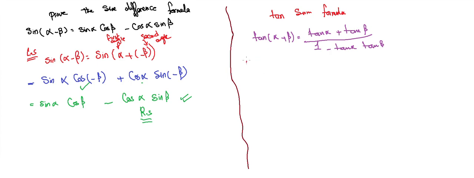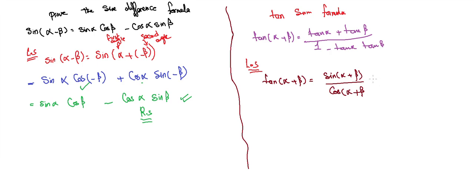We are going to start from the left side, and we have to reach the right side. So it's going to be like this. What is tan(alpha plus beta)? It's sine(alpha plus beta) over cosine(alpha plus beta).